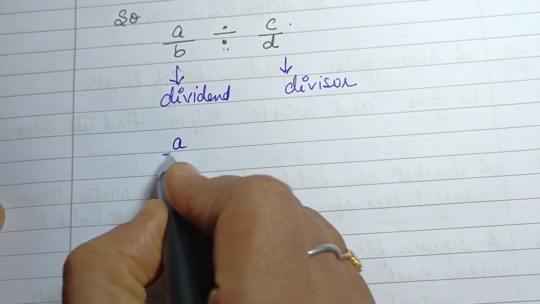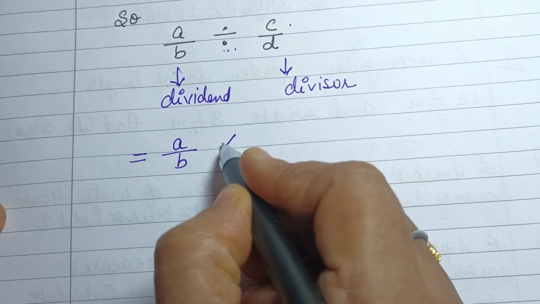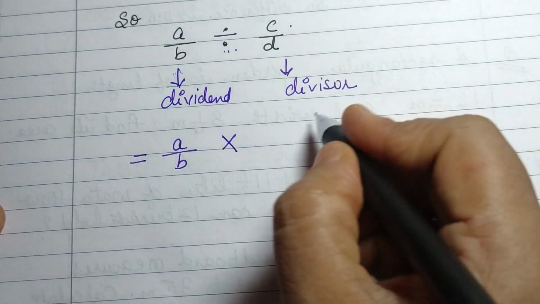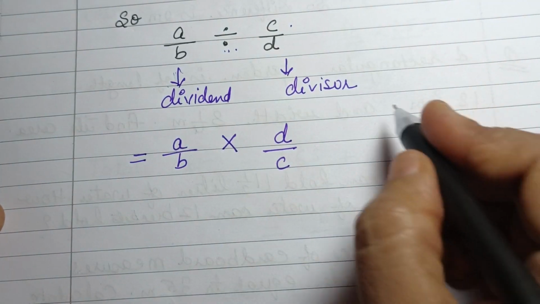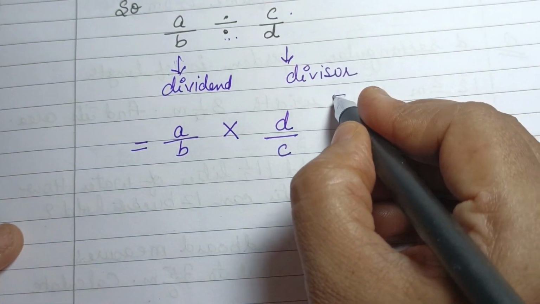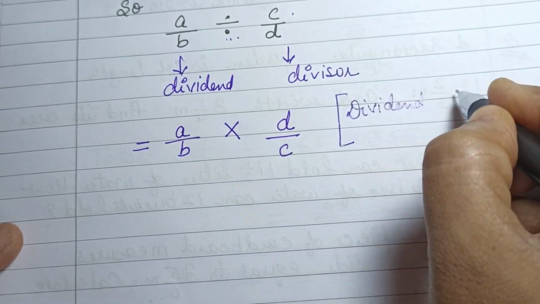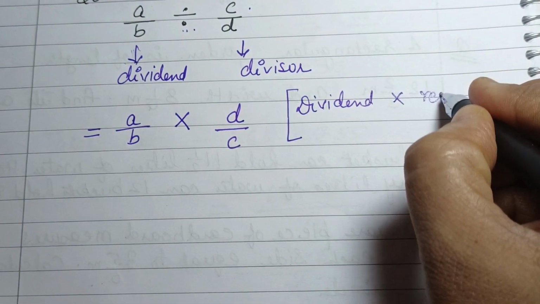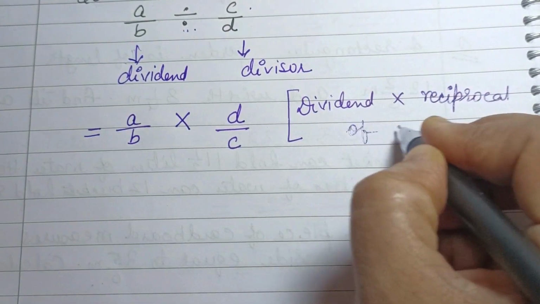So note down a upon b, the dividend, as it is. Change this division into multiplication and take the reciprocal of divisor. Okay, that means dividend multiplied by reciprocal of divisor.